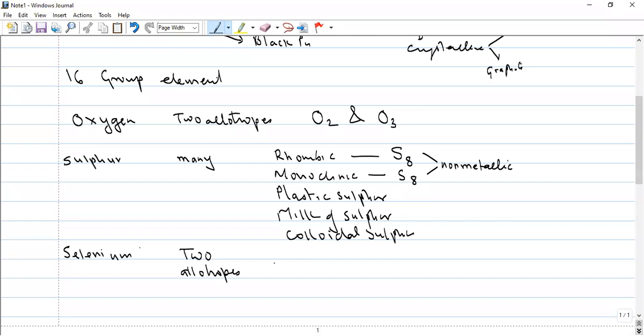One is a red non-metallic allotrope, and the second is a gray metallic allotrope.